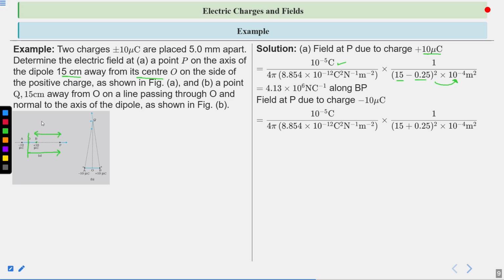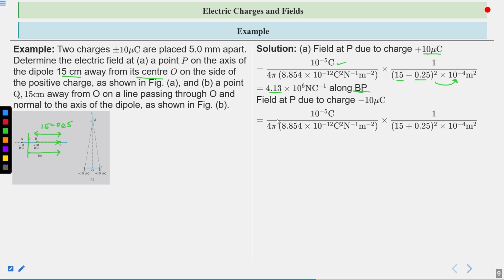It is 15 minus 0.25. So the overall answer is 4.13 into 10 raised to the power 6 newton per coulomb, and the direction is along BP, because the charge is positive.